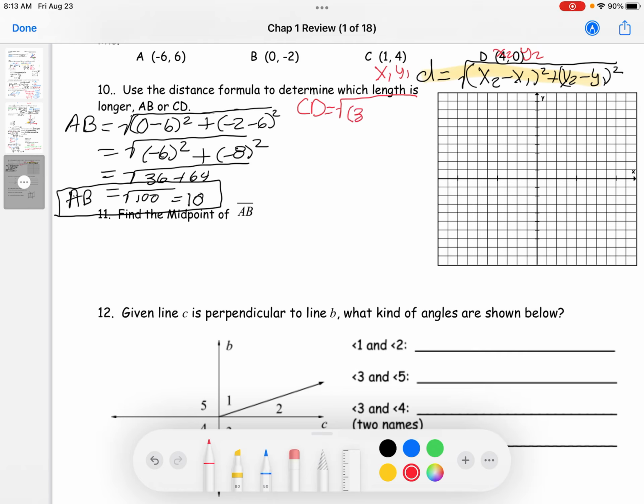So basically, that's 3 squared after I've subtracted the x2 and x1, plus y2 minus y1, which is 0 and 4. So that's 4 squared. That's 9 plus 16, a square root of 25. So that equals 5. And that would be for CD.